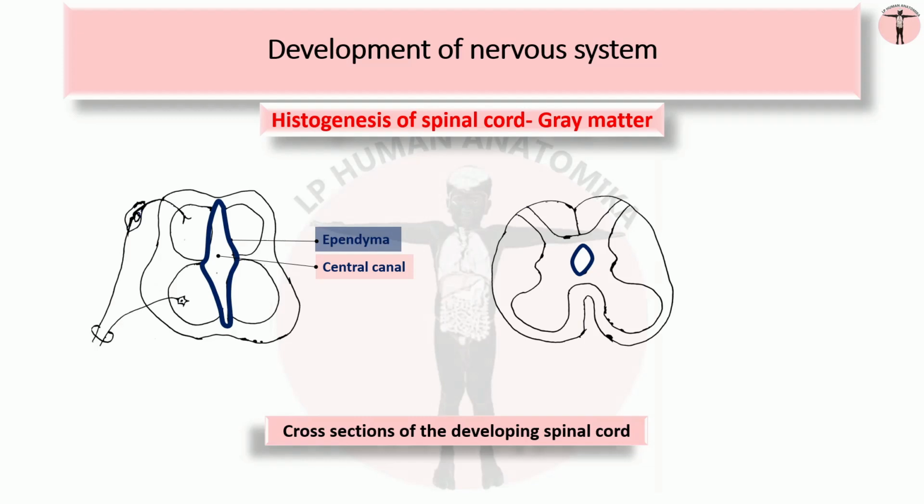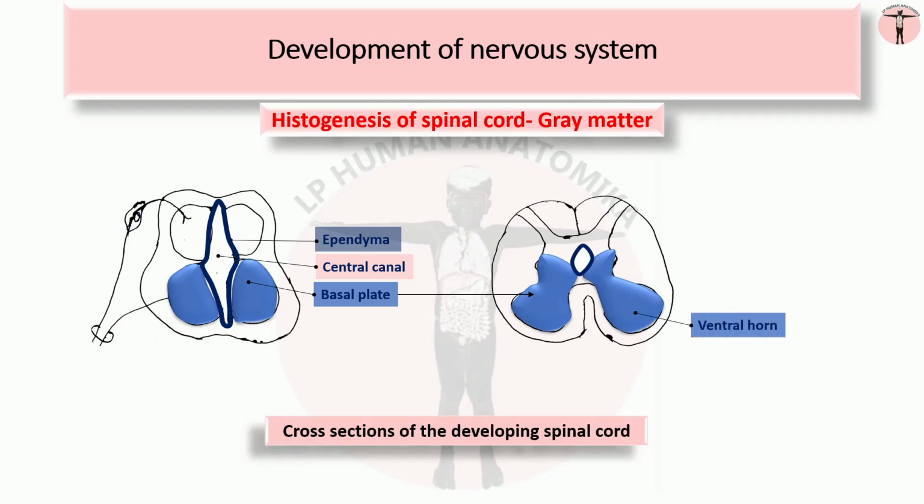Basal plate. The basal plate is a ventrolateral thickening of the intermediate zone of the neural tube. The basal plate gives rise to the motor neuroblasts forming the ventral and lateral horns of the spinal cord, which represents the general somatic efferent and the general visceral efferent cell regions.